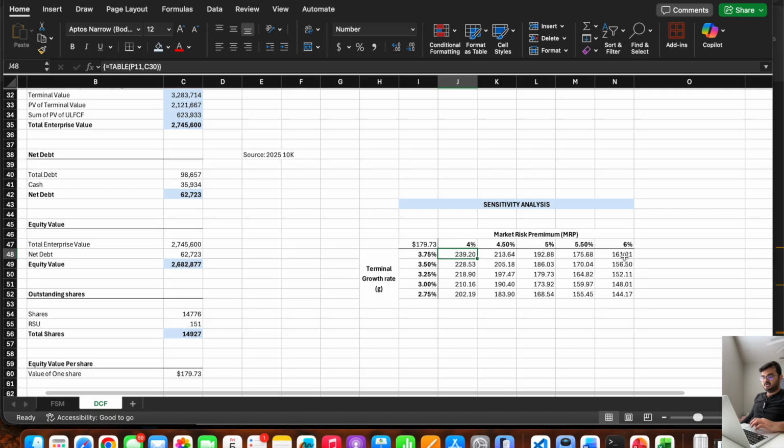On the other hand, if you expect say 6% premium, and even though you assume the terminal growth rate is only 3.75, the current fair value is only $161 per share. Similarly, you could see for multiple variations. Again, you could do the sensitivity analysis for multiple combinations and figure out what would be the fair value for each and every case. But for now, I will stop this video here, since I got what is a fair value and what is the market risk premium.